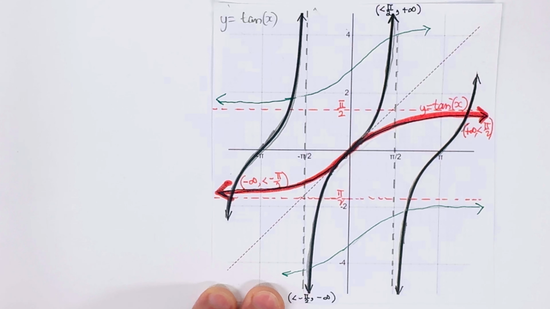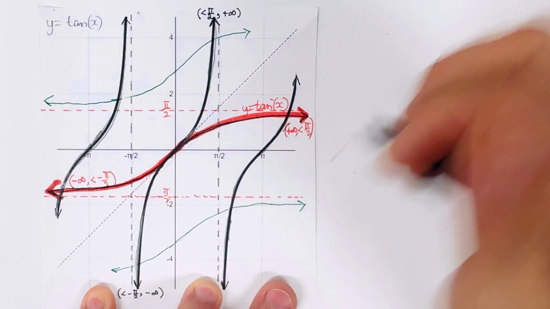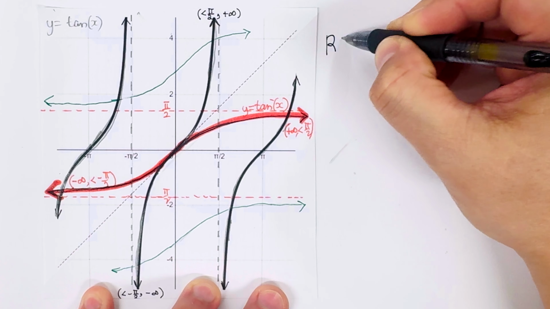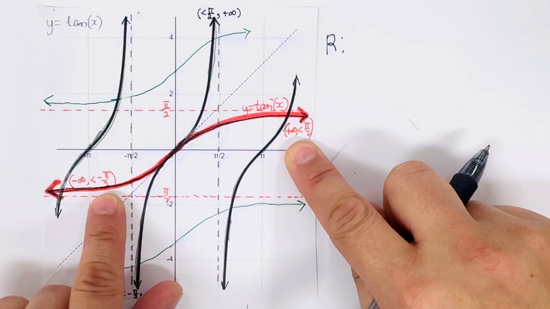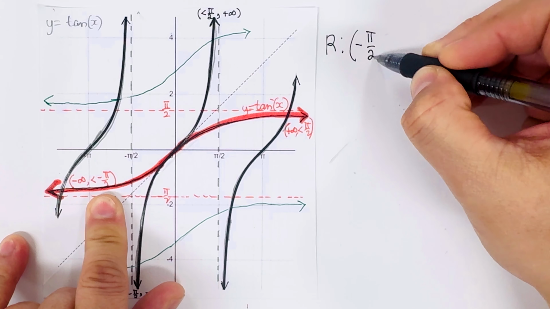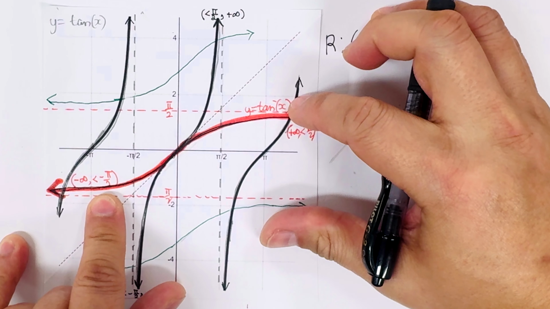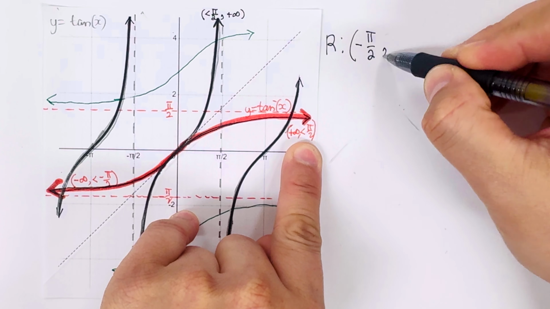So then let's determine the domain and range for the graph of y equals inverse tangent of x, or y equals arctangent of x. Looking at this graph right here, again, we're looking for the red graph. Our range for this graph would be the y values. So it's going to start from greater than negative pi over 2, then all the way to less than positive pi over 2.